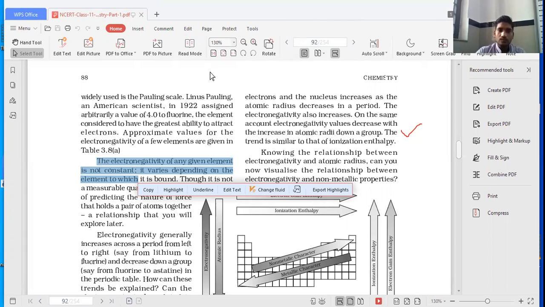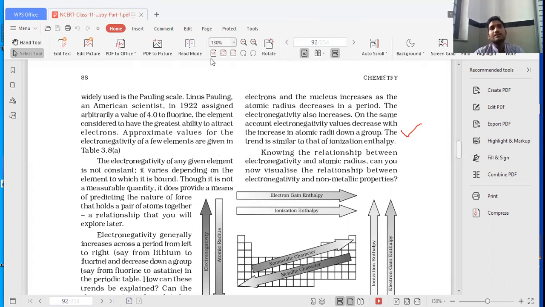So, for example, by electronegativity, just now I have told you, the ability to attract the electron. Now just take an example. Suppose you are having element A, which has some electronegativity, say 2.5, okay?